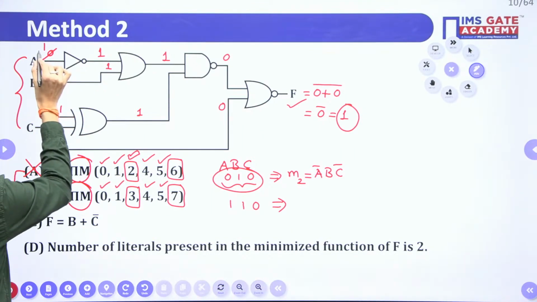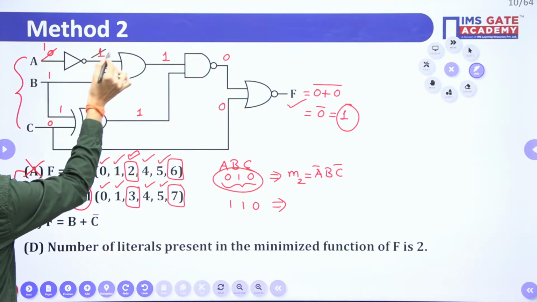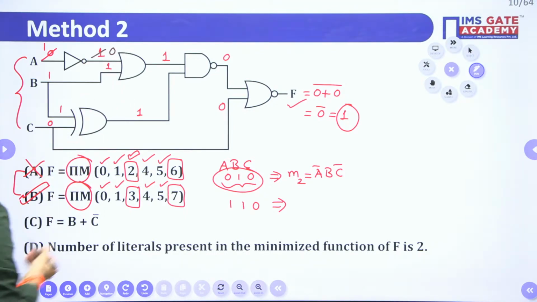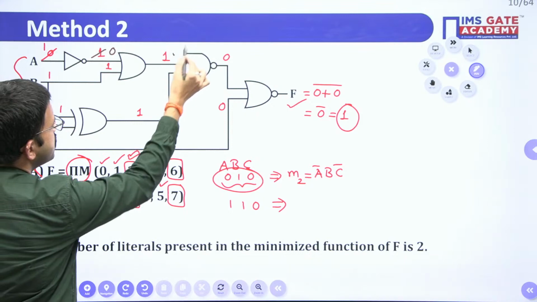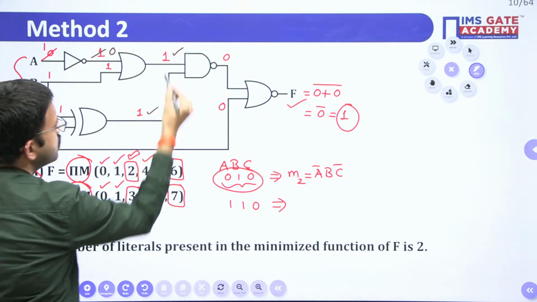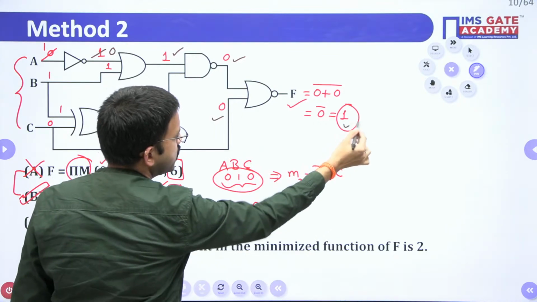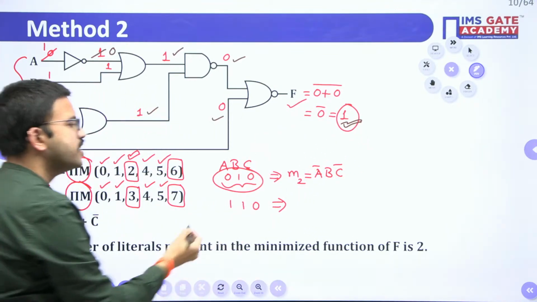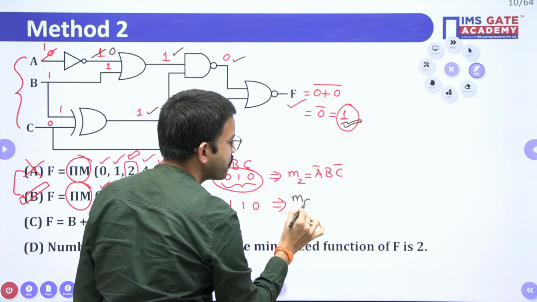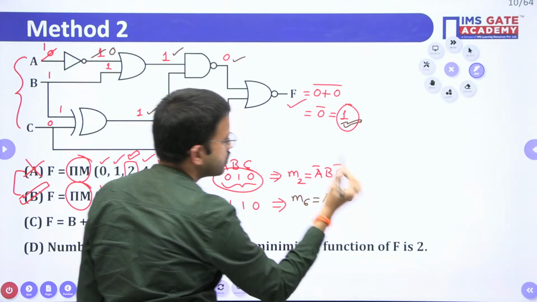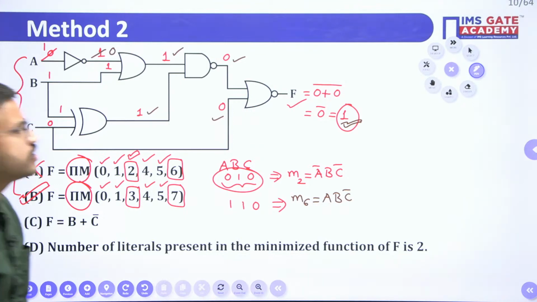When you give input as 1, the output you will get is 0. Regarding B it is the same, regarding C it is the same. So 0 plus 1, once again 1, the rest is the same. So still you are getting the same output 1. So that means 110 is also a min term, it is not a max term. A, B, C bar. Okay.